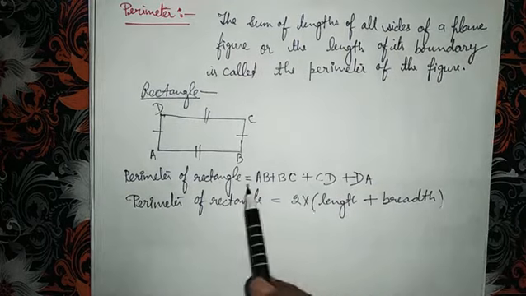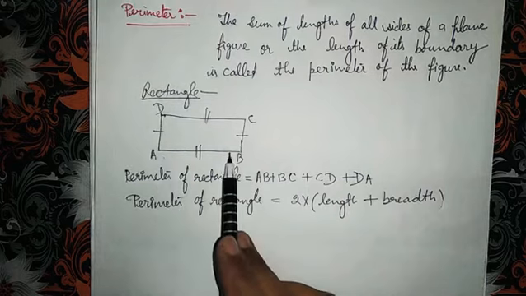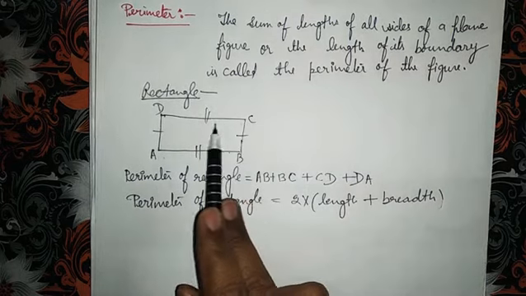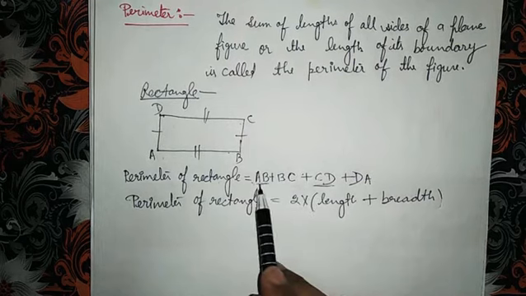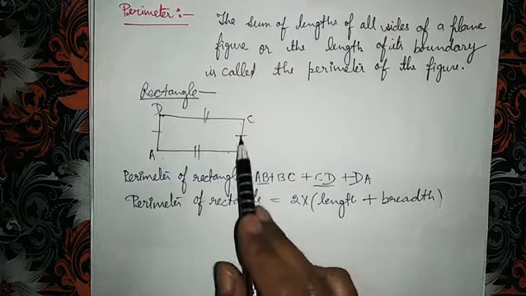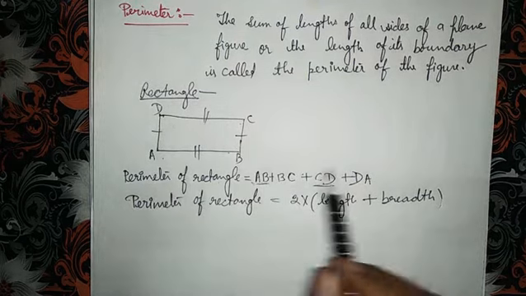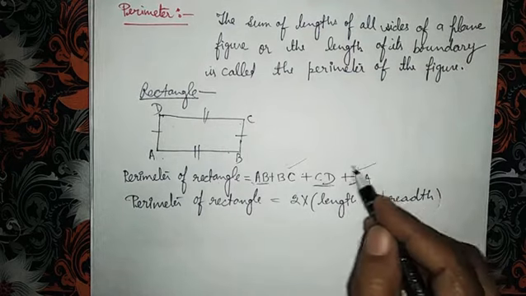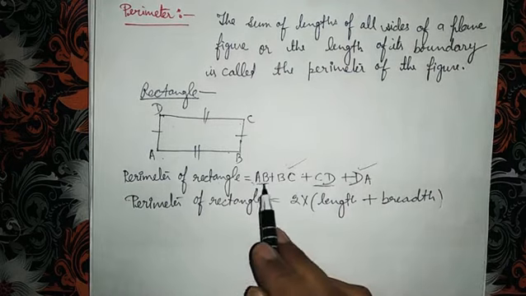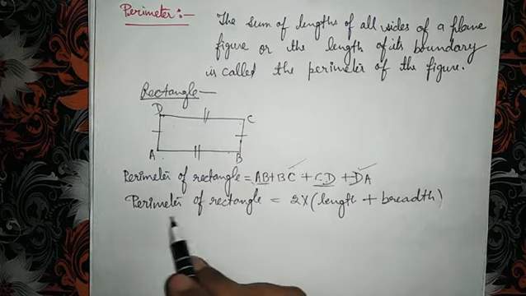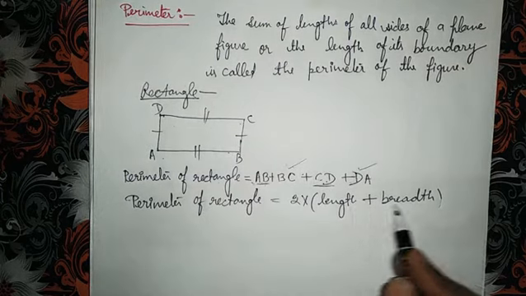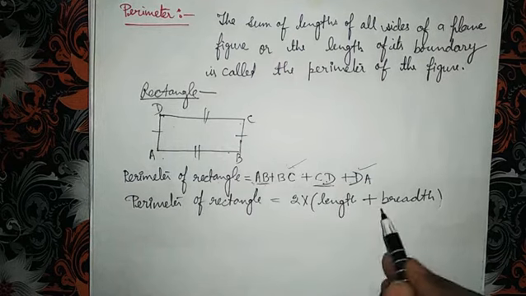Here children, you can see AB and CD, these two are lengths, and BC and DA, these two are breadth. So you can see here length is coming 2 times and breadth is coming 2 times. So you can calculate it like this also, 2 times of sum of length and breadth.